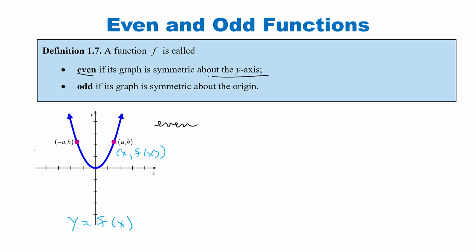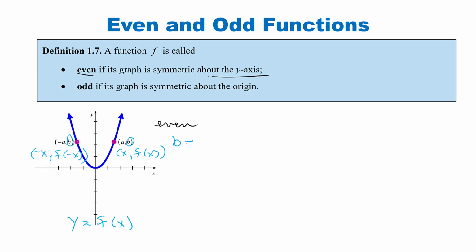That would mean that the point (negative A, B) would be the point with negative x. And if we plug in negative x to f of x, we would have f of negative x. So the point (negative A, B) we're going to think of as being the point (negative x, f of negative x). Well, we can see here that B equals B, right? These are the same y values.